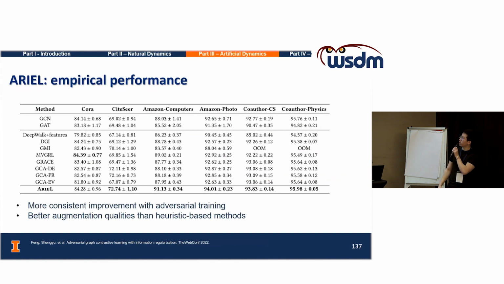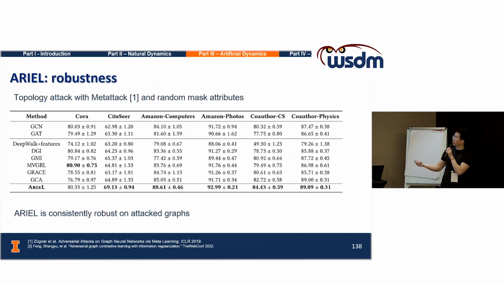And here is some empirical performance of Aerial, and we find that it gets the best performance compared with the baseline methods, no matter whether supervised or contrastive learning-based. And because we involve an adversarial attack in our framework, this idea shares some similarity with the method named adversarial training, which is a defense method.